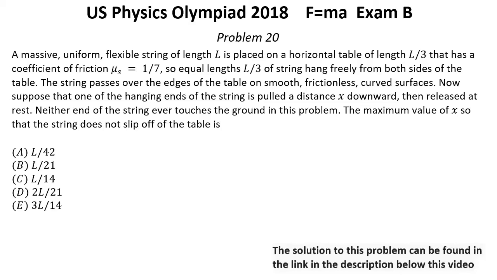The string passes over the edges of the table on smooth, frictionless, curved surfaces. Now suppose that one of the hanging ends of the string is pulled a distance x downward, then released at rest. Neither end of the string ever touches the ground in this problem. The maximum value of x, so that the string does not slip off of the table, is next one.